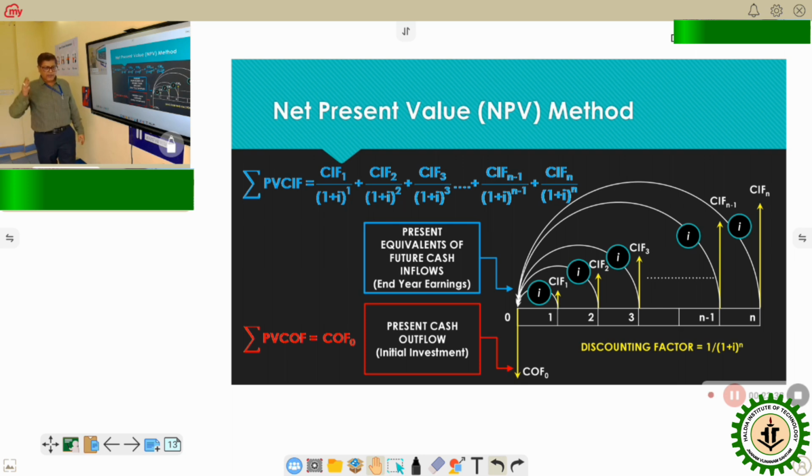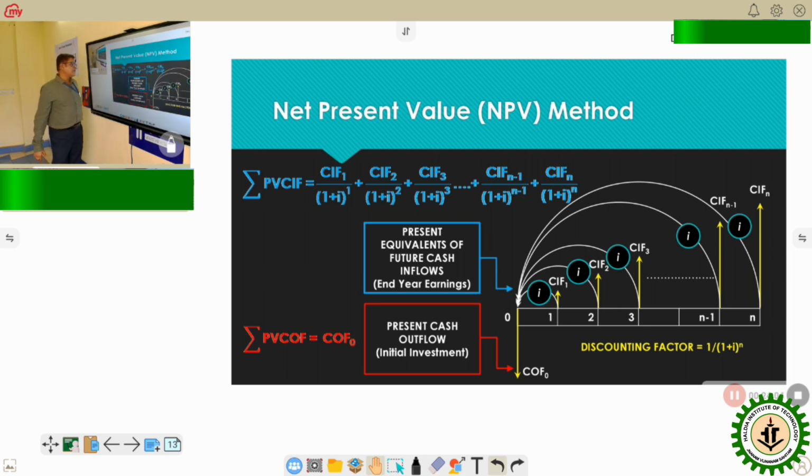Any investment, any expenses, costs, all come under cash outflow. So we need to compare the inflow and outflow at the 0th year. Until and unless we convert all the cash flows to the 0th year, it is meaningless to compare them. So that is the use, that means we have to scale down.